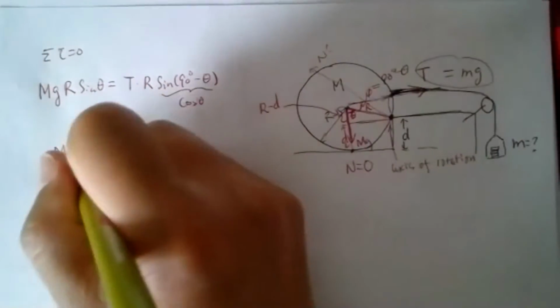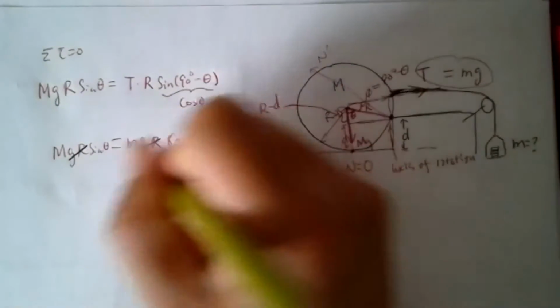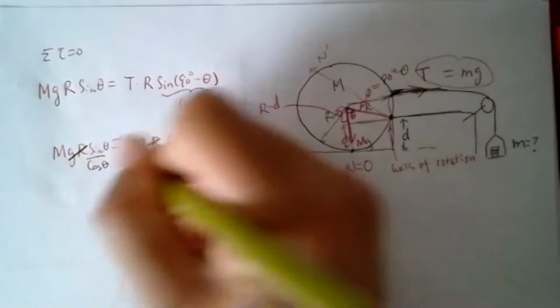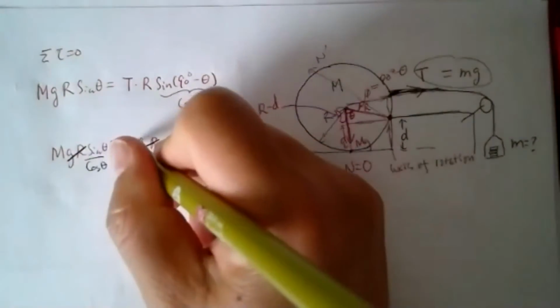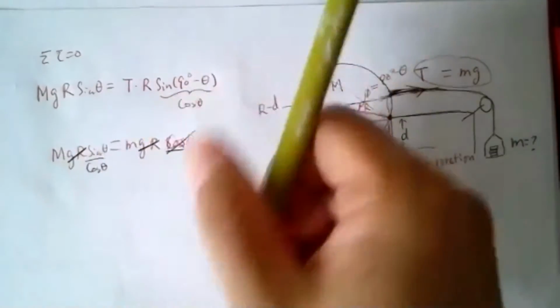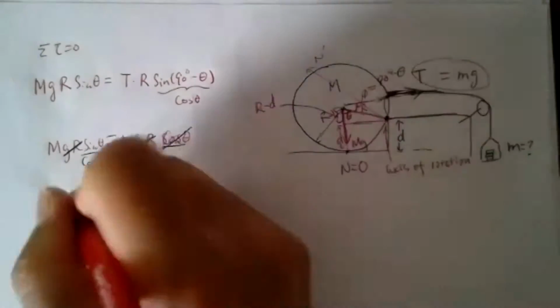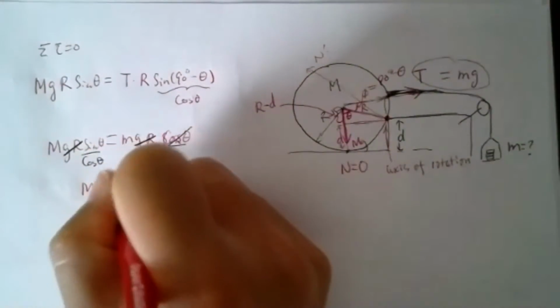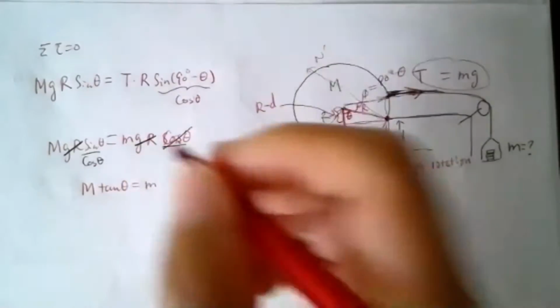G and R cancel out on both sides. Moving cosine to the other side, small m is equal to capital M times tangent theta.